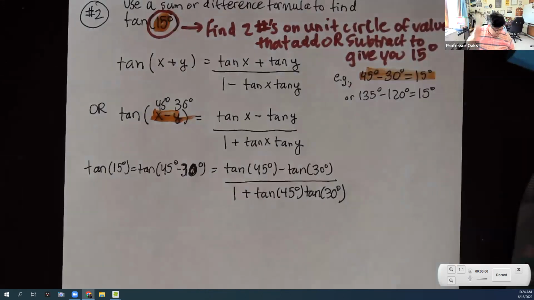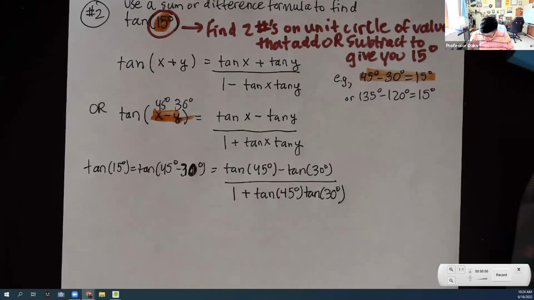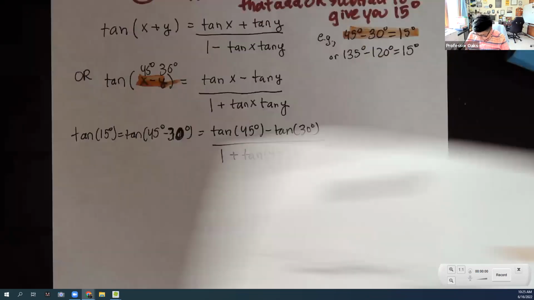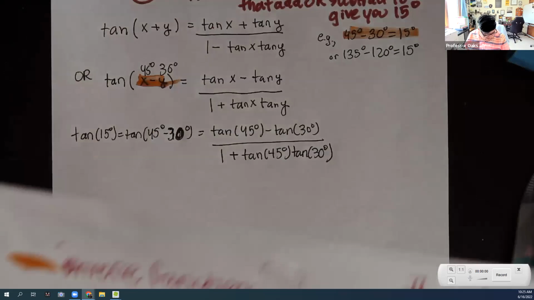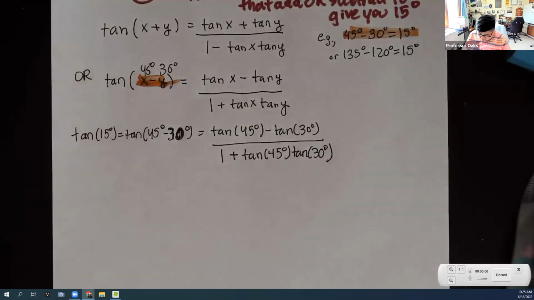So I really just think that, I mean, it's nice, like I said, if you don't have a calculator to be able to just look up the values, but it's still not always entirely practical.